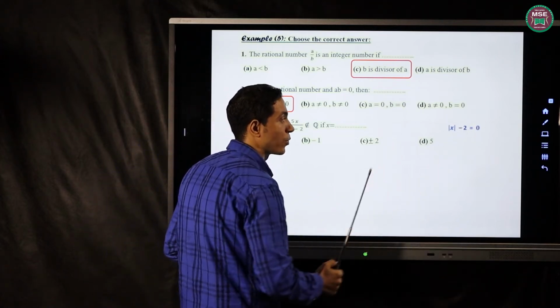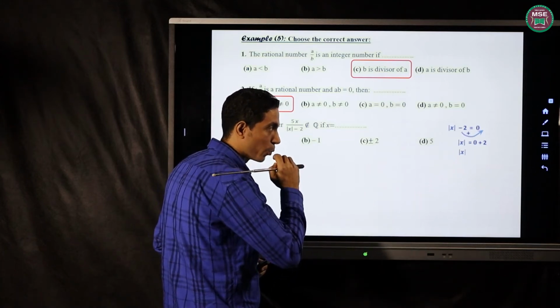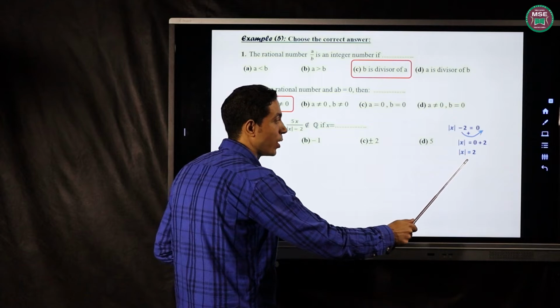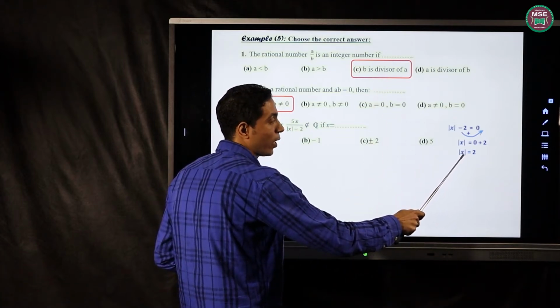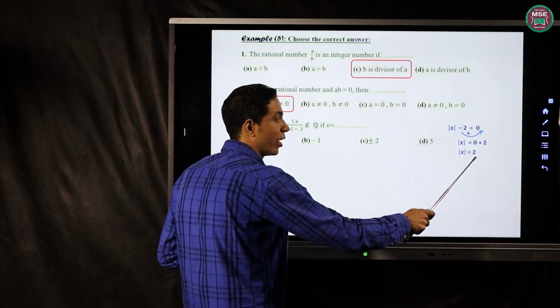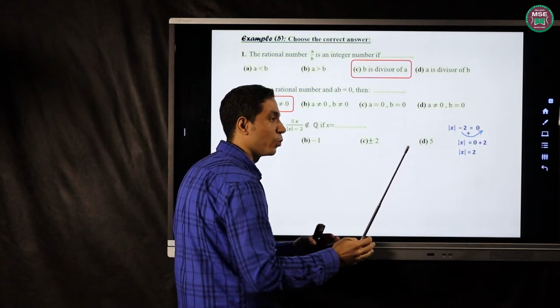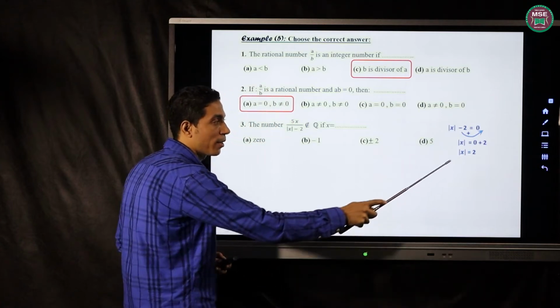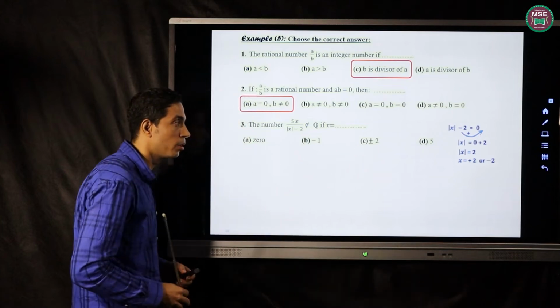Negative 2 will go to the other side with positive 2, then the absolute value of x equals 2. If x equals 2, the answer will equal 2, and if x equals negative 2, the answer also equals 2. Then x can be positive or negative 2. This is the correct answer.